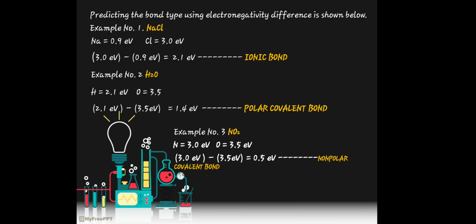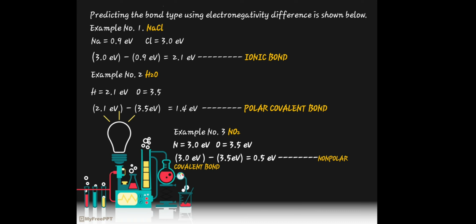Next, we have nitrogen oxide. There are two elements, nitrogen and oxygen. For nitrogen, we have an electronegativity of 3.0, and oxygen we have 3.5. Again, you have to subtract the two of them.